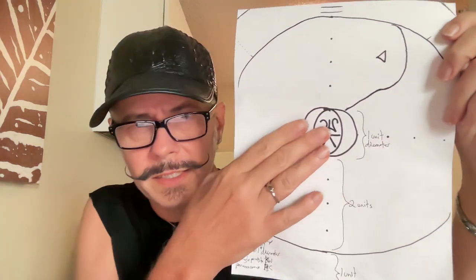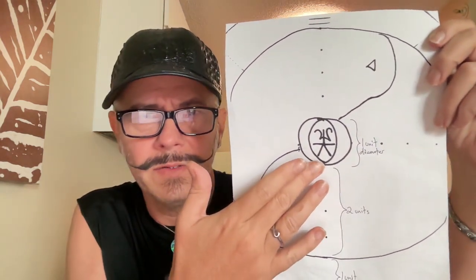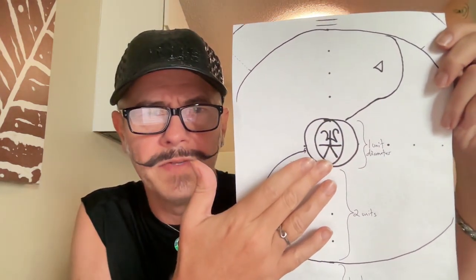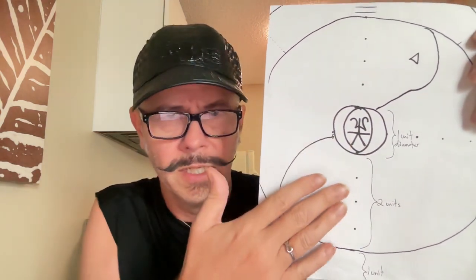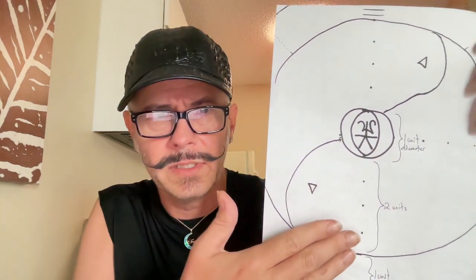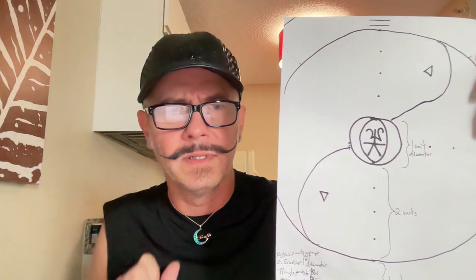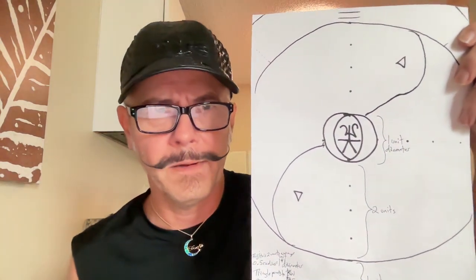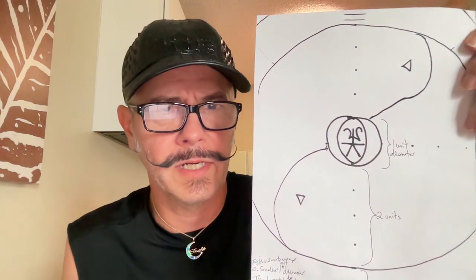Anyway, I actually kind of got specific, and I think this little BINDU here is supposed to be 1 unit of diameter. So if we are using inches, we could say 1 inch. And then the Taiji itself should be 2 units on each side of that BINDU, so that could be 2 inches on each side.